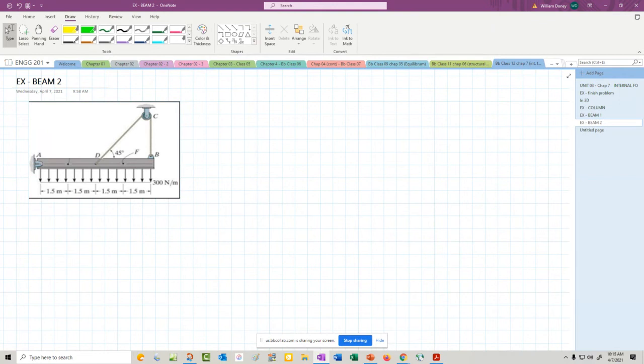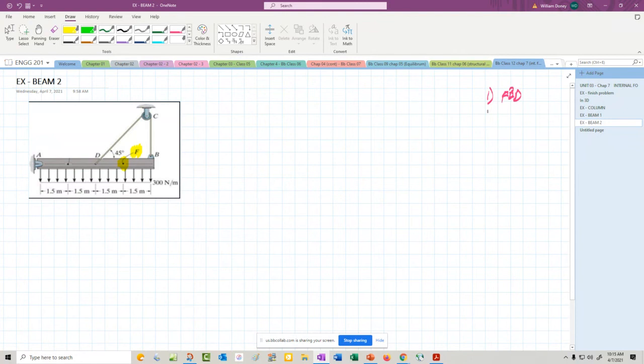So given the loading on the beam, we want to find the internal forces at point F. Sorry, let me highlight that. There's F. And our plan, follow the procedure. All right, so our procedure is, let me put it way over here.